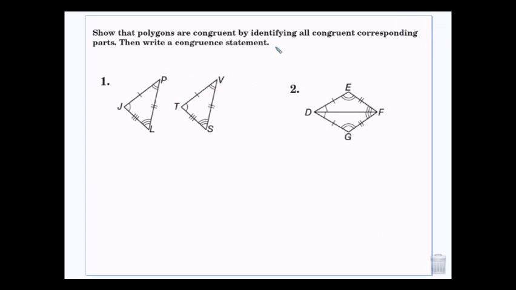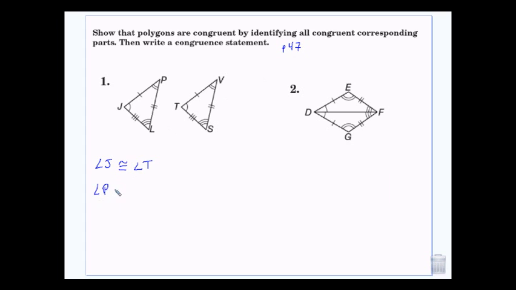Congruent corresponding parts. So this is on page 48 or 46. Yeah. So we have these two triangles. Angle J is congruent to angle T. Oh, right, you're right, page 47. Thank you. Okay.